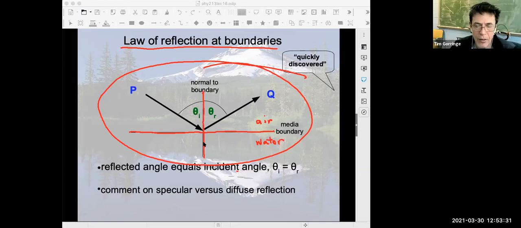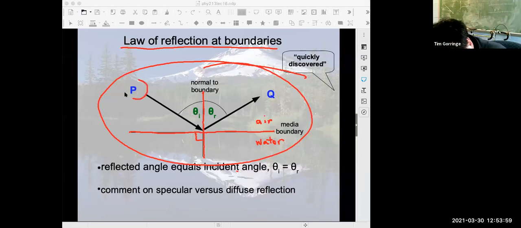This vertical line is a special, important line, what we call the normal to the boundary. It makes an angle of 90 degrees to the boundary, and it's a line that we use as a reference to describe the angle of the incident light and the angle of the reflected light. Over here on the left is a light ray that's heading towards the boundary, or the interface, between the air and the water.